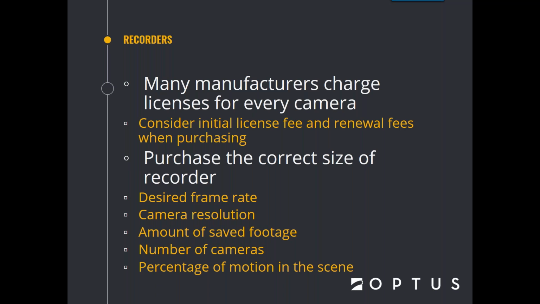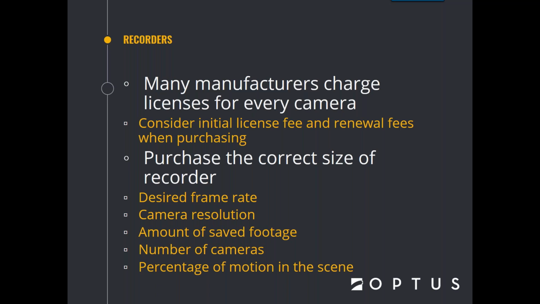Then you need to purchase the right size of recorder. There's some standard criteria that solution manufacturers and integrators will look for to help you calculate the right size of the recorder. Those are desired frame rates: do you want 10 frames per second, 100 frames per second? Obviously, the more frames per second, the bigger recorder you're going to need.